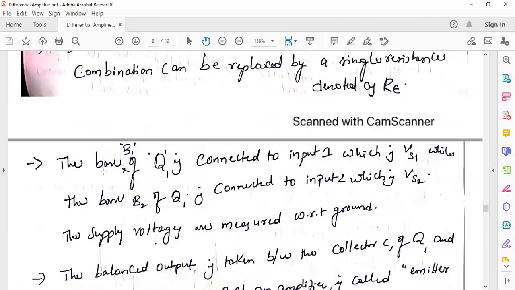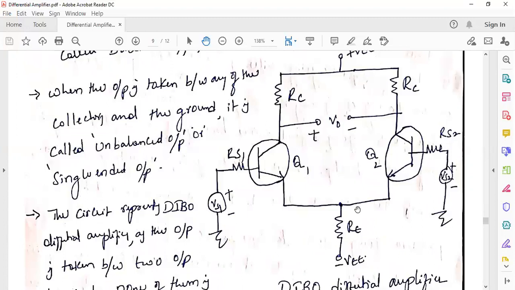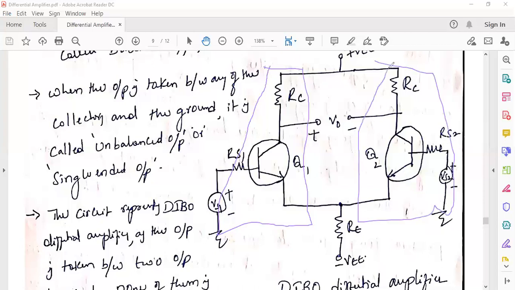Similarly, coming to this circuit, this differential amplifier is obtained by connecting the emitter of Q1 with the emitter of Q2. This is the first emitter biased circuit section, and this one is the second emitter biased circuit section.